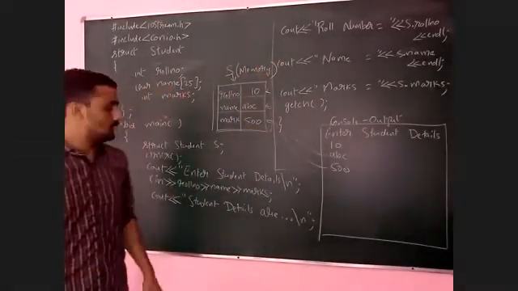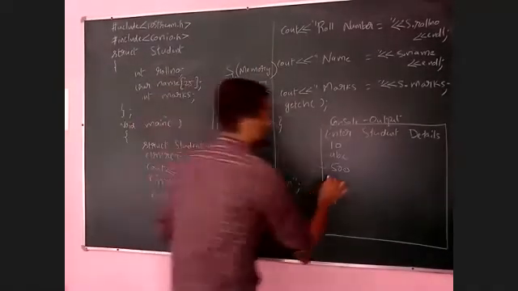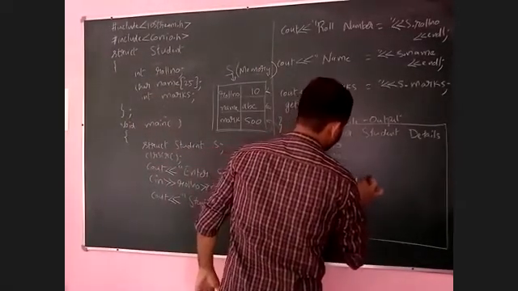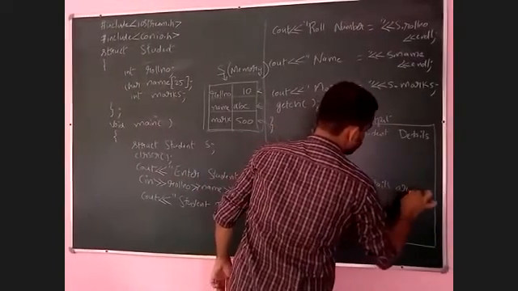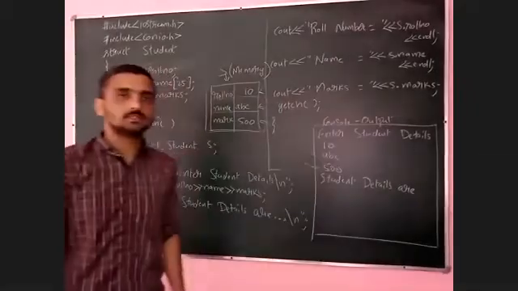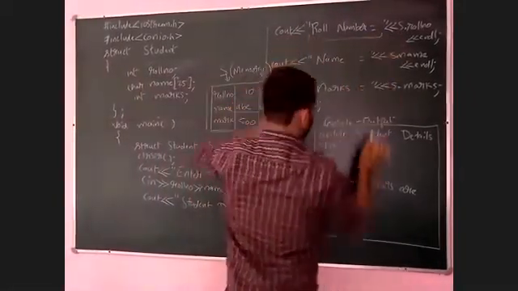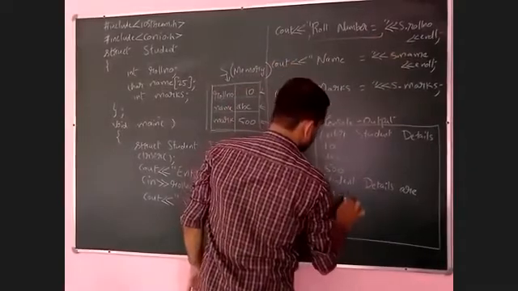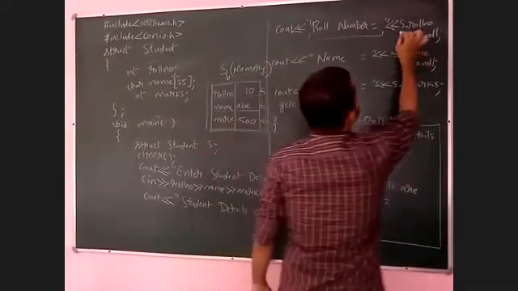Then while displaying, before it displays the values, it will display: student details are. Okay, see this. So roll number is equal to. Up to here it prints as it is without any change. So roll number is equal to, then the dot roll number.